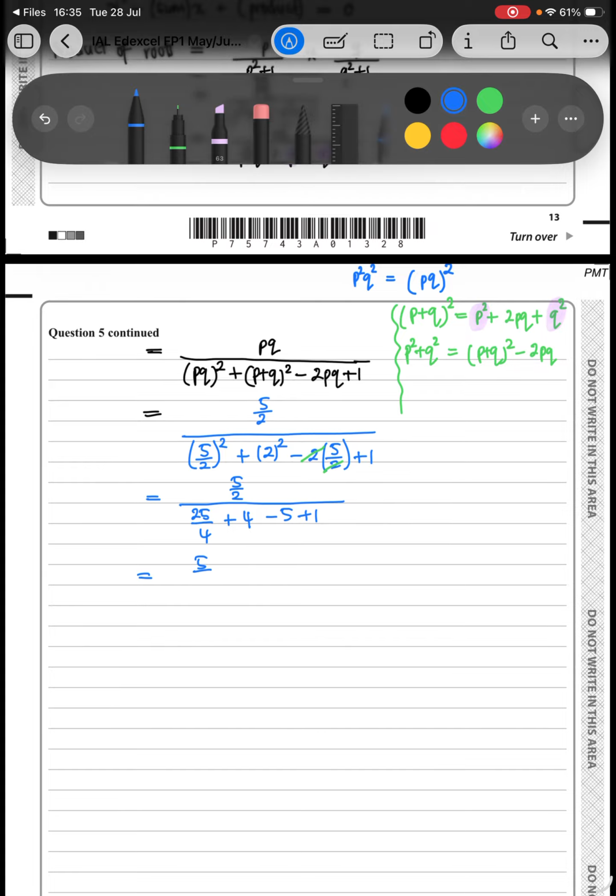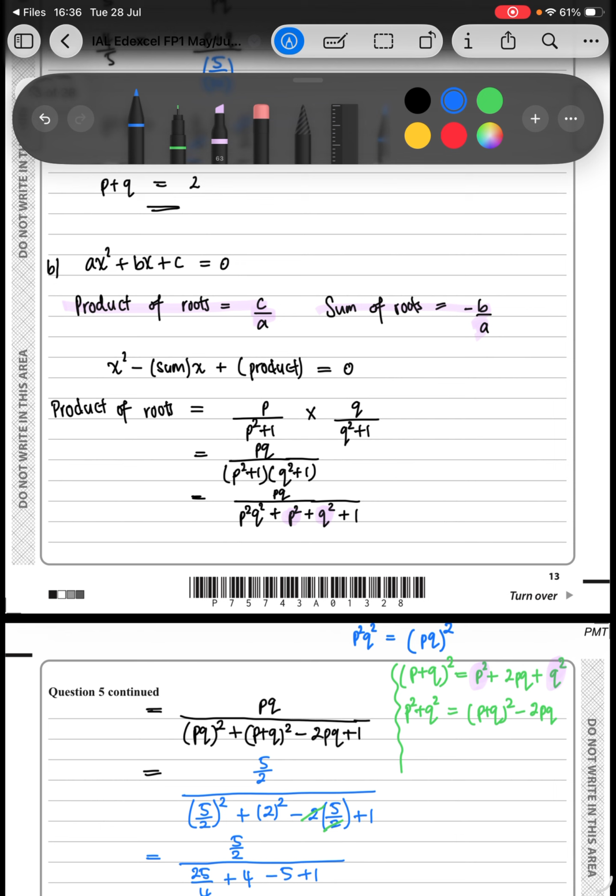So 5 over 2 over 25 over 4 plus 4 minus 5 plus 1. That gives 25 over 4. Let's simplify this further, which would give us 2 over 5. That's the product of roots. That's the value for product of roots.